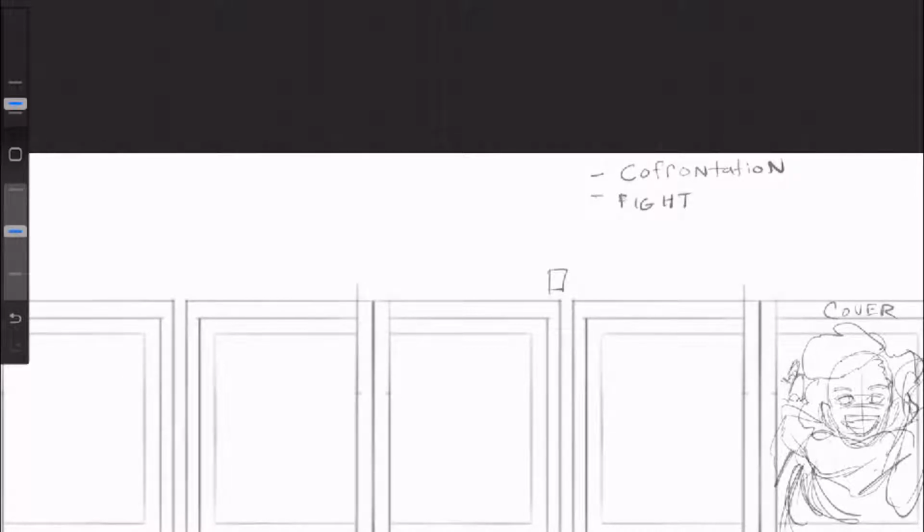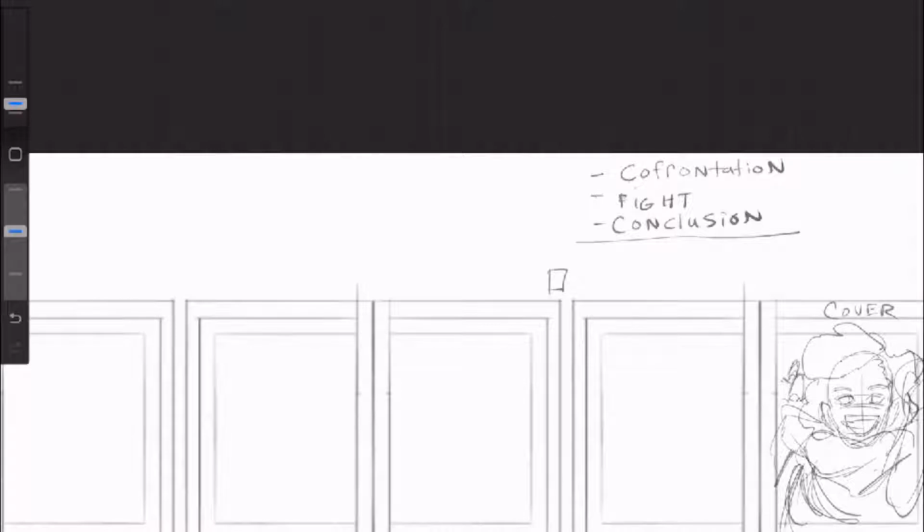Then we're going to have the conclusion of that fight. And then we're going to have our second group show up at the end.